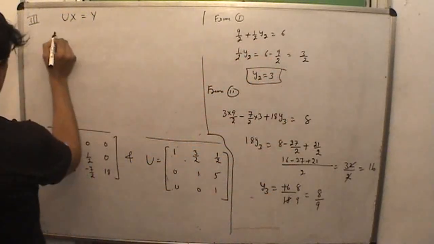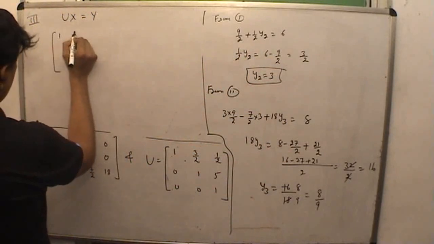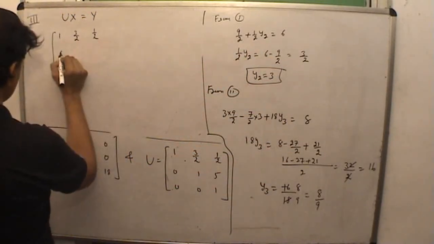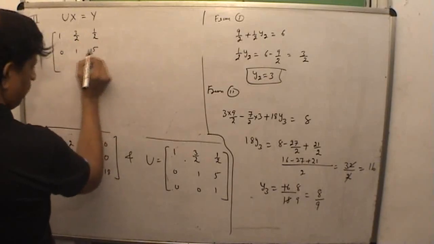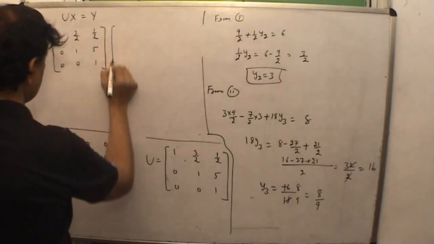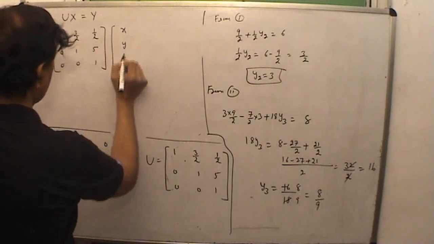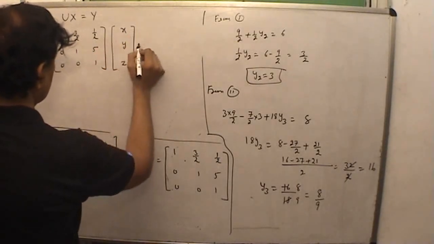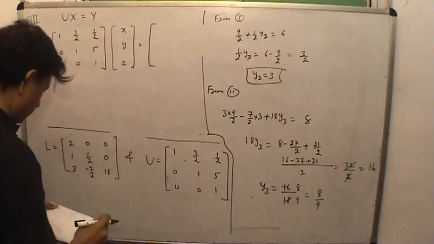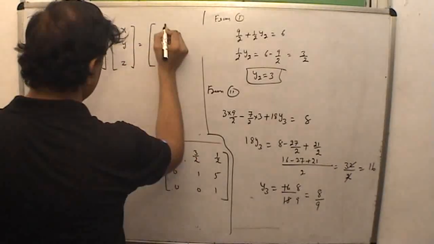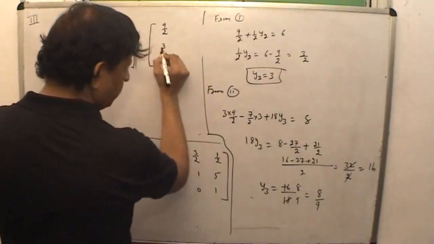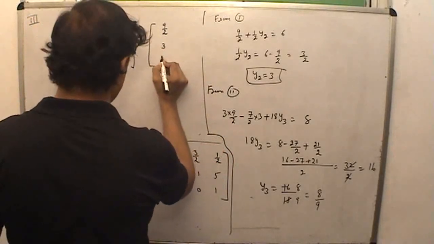So U is equal to 1, 3 by 2, 1 by 2, 0, 1, 5, 0, 0, 1, and x is the variables x, y, z, equal to y1, y2, y3. That is y1 is 9 by 2, y2 is 3 and y3 is 8 by 9.